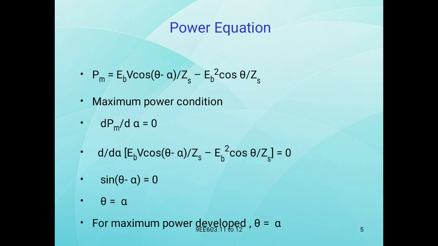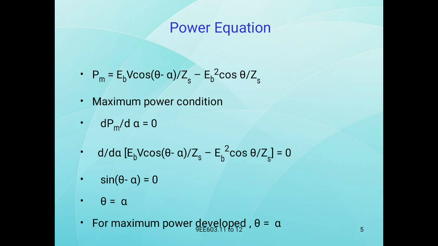So that is d by d alpha of the bracket EB V cos(theta minus alpha) by Zs minus EB square cos theta by Zs equal to 0. Here EB square cos theta by Zs is constant, so its derivative is 0.